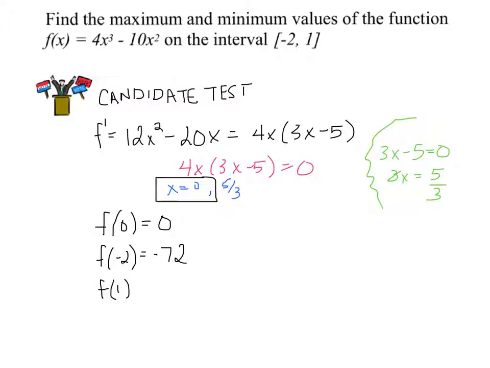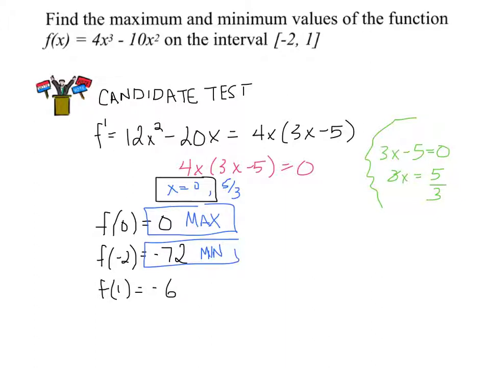You can check that. If I plug in 1, I get negative 6. So, if I'm looking for the biggest one, the biggest value here is 0. This is the maximum value right here. If I'm looking for the smallest value, that's negative 72. So that's the minimum.